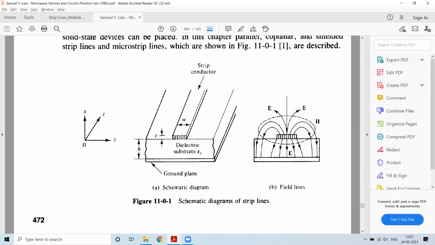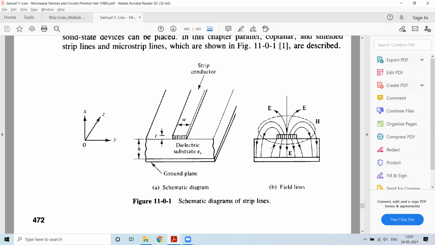Because of the current flowing through this, there will be a magnetic field and an electric field associated with this strip line. The field lines will pass through the substrate to the ground, from the plus to the minus, as we had seen. So it will be moving from the substrate to the ground plane.